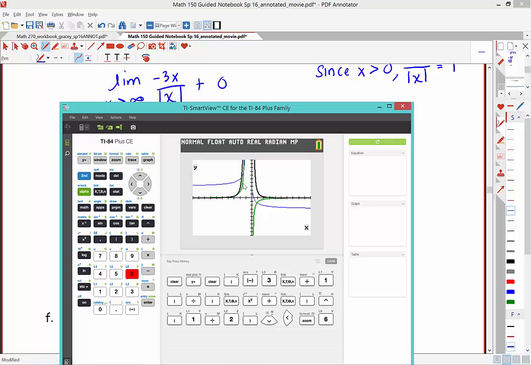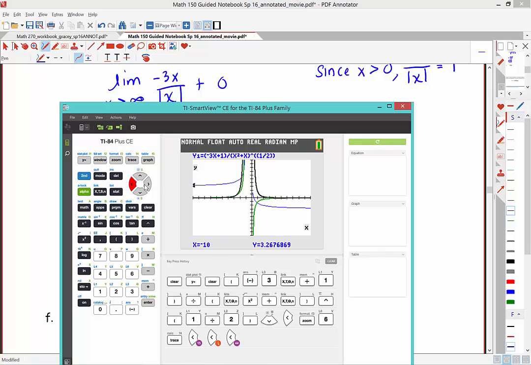And if we hit trace on our graph, and if we trace left, do you see that our graph ends up tending toward three as we go further? If you look at the y values, you're getting an output of positive 3, like we discussed.